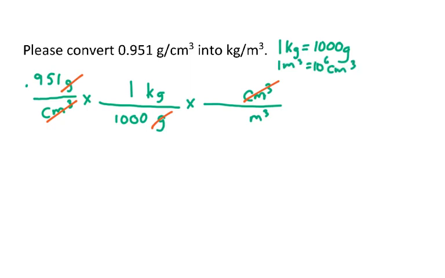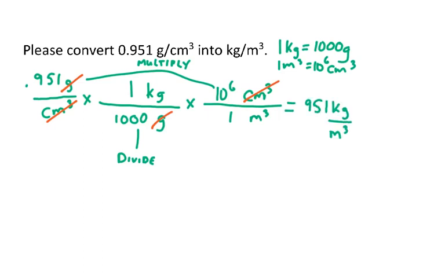Since 1 meter cubed equals 1 million centimeters cubed, I'll use that in my conversion factor. I put 10 to the 6 next to centimeters cubed and 1 next to meters cubed. Again, if something is in the numerator, we multiply. If something is in the denominator, we divide. So for this problem, I'll do 0.951 divided by 1,000 times 1 million. And the final answer is 951 kilograms per meter cubed.